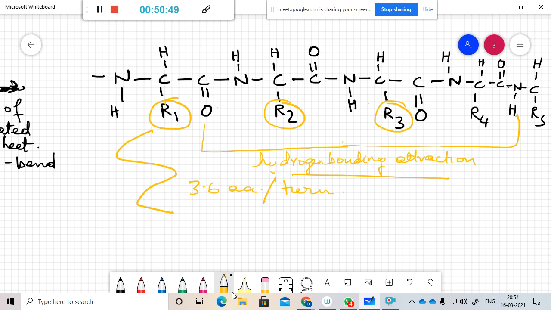So there are specific amino acids which favor alpha helix. There are specific amino acids which prefer beta turn. So let's go to beta pleated sheets.